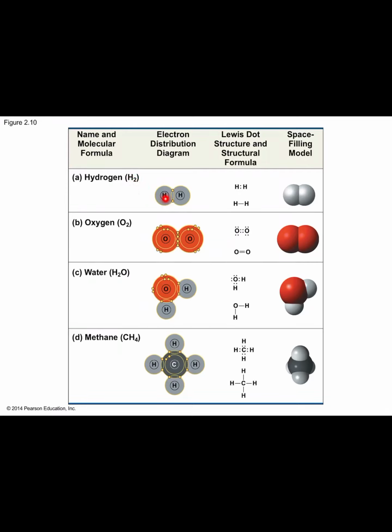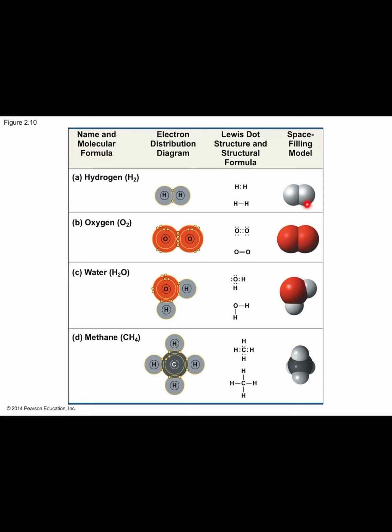Here we have molecular hydrogen, so H2, 1 hydrogen there, 1 there, bonded by a single covalent bond, as I showed here. That's the structural formula for it. This is called a Lewis dot structure. You see that more often than not in chemistry textbooks. You don't really see it so much in biology textbooks. It actually shows you the 2 electrons there. It looks like a colon, but it's actually 2 electrons.